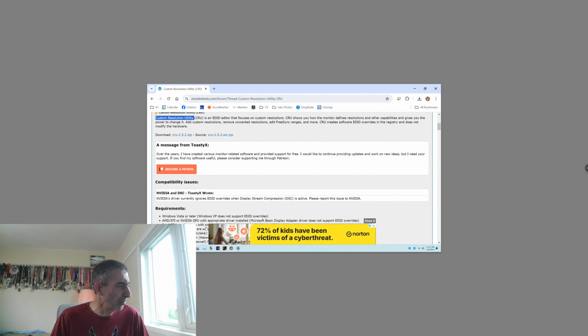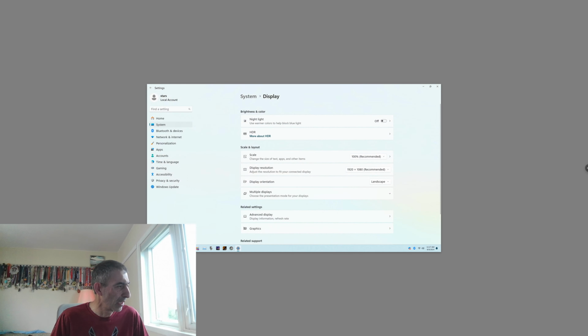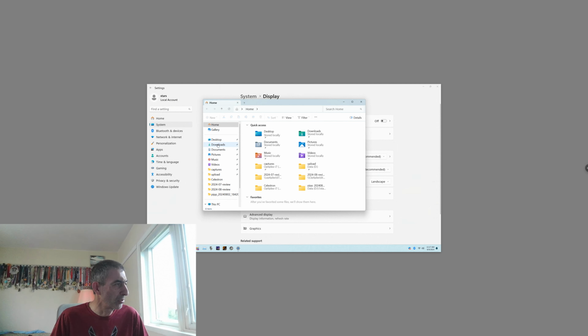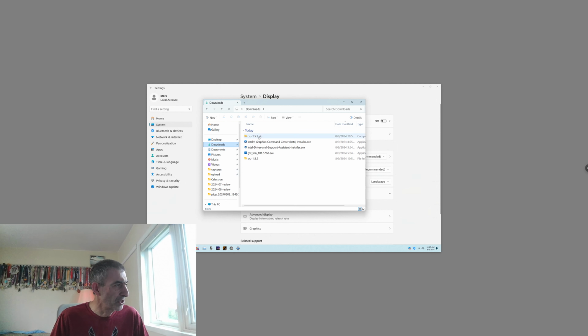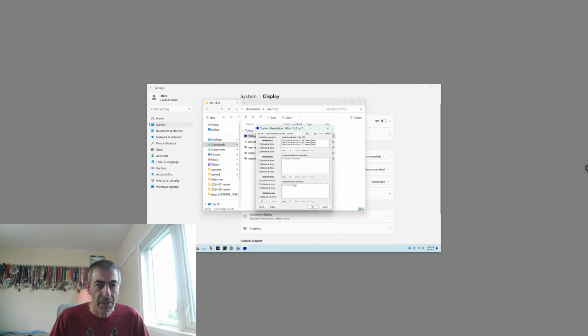And once I downloaded that utility, CRU152, I extracted it, and within that extracted file there is a utility itself, and when I run it, yes, it allows me to create a whole bunch of new resolutions in there, including the 3840 by 2160.